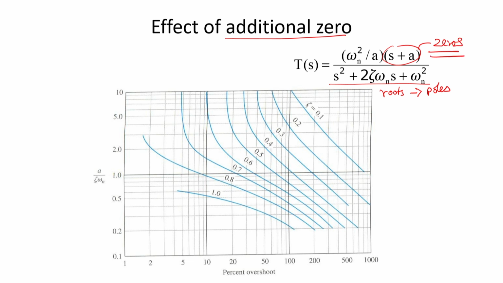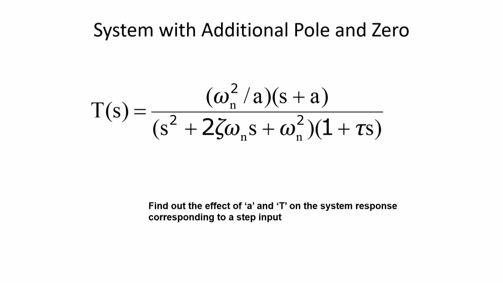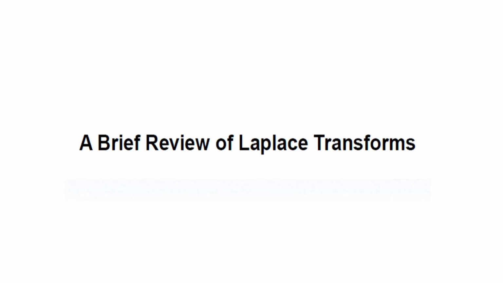So, then the effect of the additional 0 you would see is equivalent to the percentage overshoot that is going to add into the system. So, the system is going to behave more damped with respect to this additional 0. So, this is a system in which you can add an additional pole and additional 0, both of them. So, that is a more complicated case of the system that you can start to think of, how it is going to work.